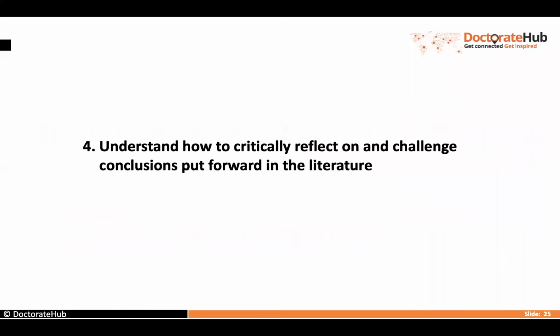So, coming to the fourth and final part, understand how to critically reflect on and challenge conclusions put forward in the literature, because science is all about discourse. And there's ongoing progression. So what's today understood as being valid is tested and challenged and might be outdated tomorrow.